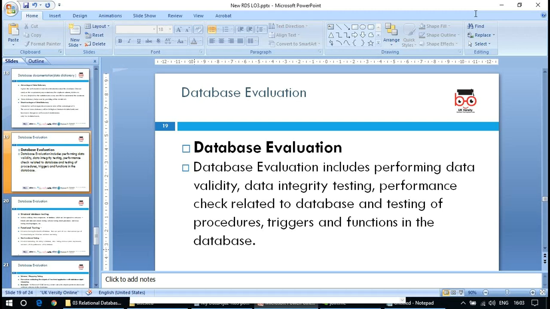What is testing evaluation? For example, if you recall the example, if there are 100 employees and you want to search for an employee who has a salary less than or equal to 10,000, let's say you expect the result in 1 second.